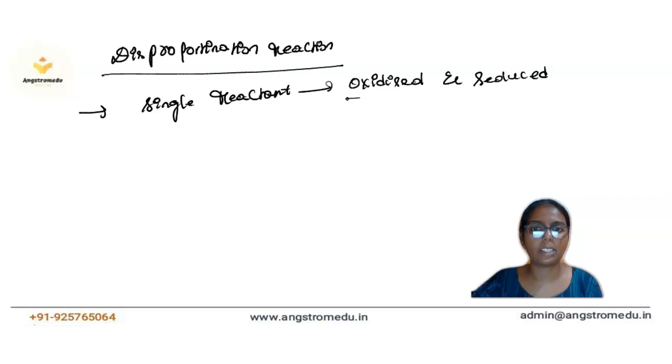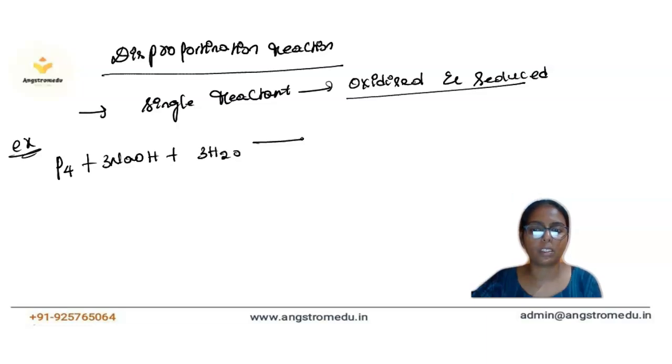So this reaction is termed a disproportionation reaction. For example, consider P4 plus 3NaOH plus 3H2O, which gives 3NaH2PO2 plus PH3.